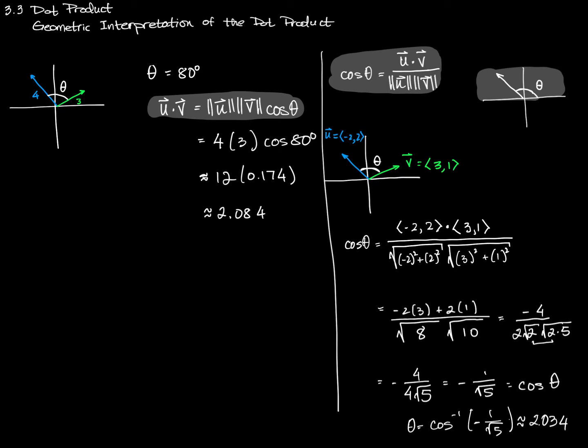Now, it doesn't really look like it in this diagram. My angle's a little off, and that's partly because I drew the vectors first, and then I claimed that they were vector -2, 2 and vector 3, 1, and that's probably not very accurate.